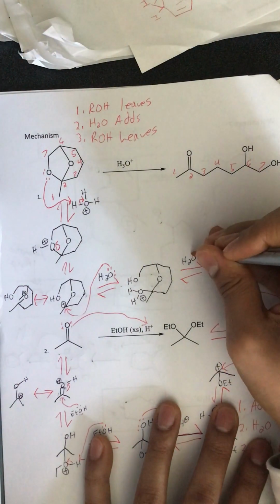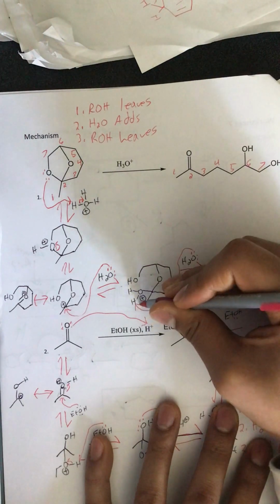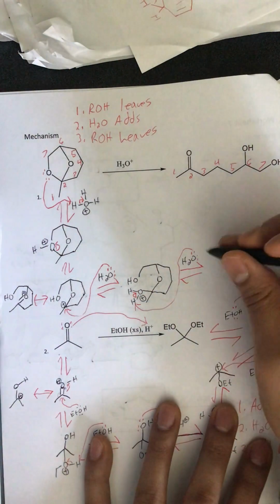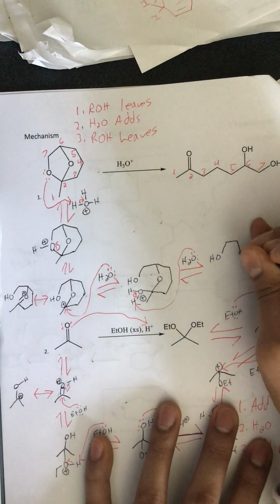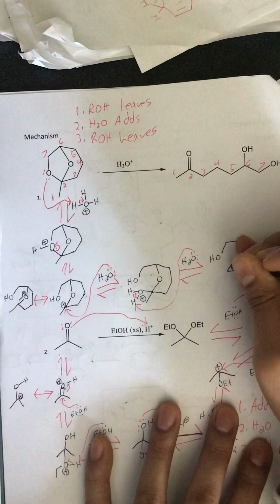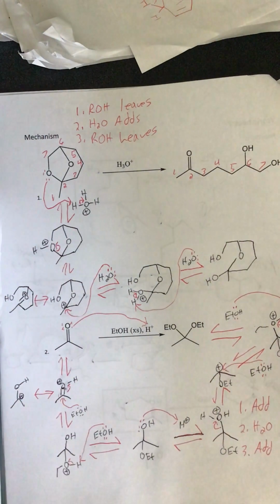So our base is going to be water. Don't ever have anything with a negative charge in this mechanism because you're in acid. If you're in acid, you don't want to have any negative charges. Everything should be neutral or positively charged.